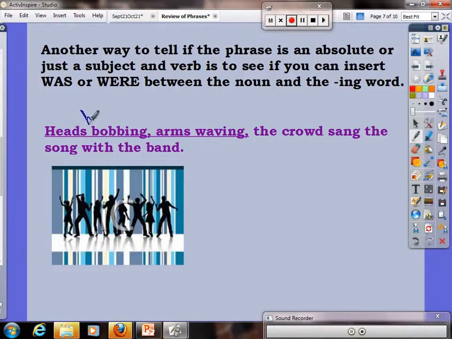Heads were bobbing, arms were waving. Alright? So if I can insert those and then take them back out and they're telling you more about the sentence, those are going to be absolute phrases. So I've got the ing, nothing has changed there. They both modify the crowd. I can take them all out and the sentence still makes sense.